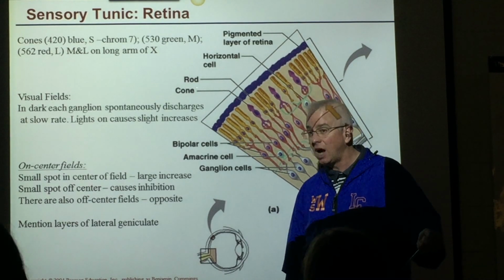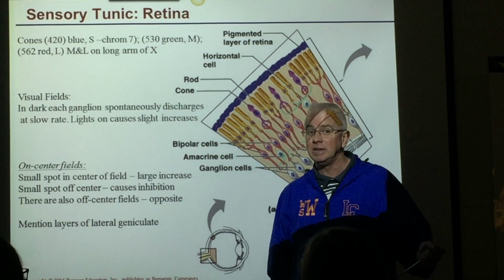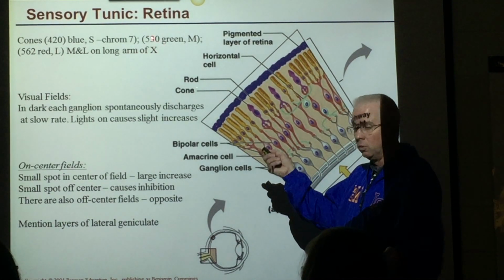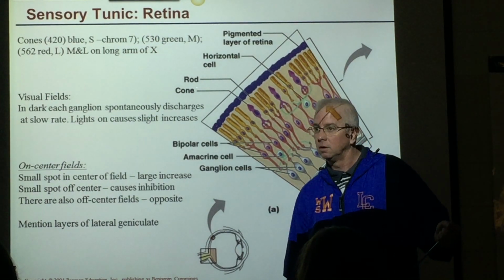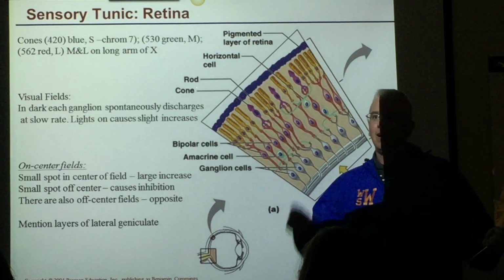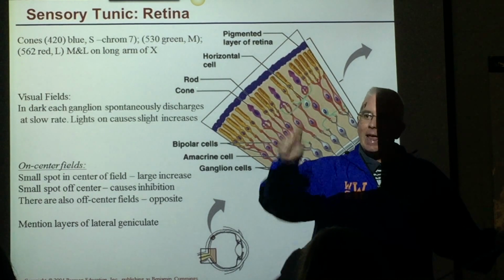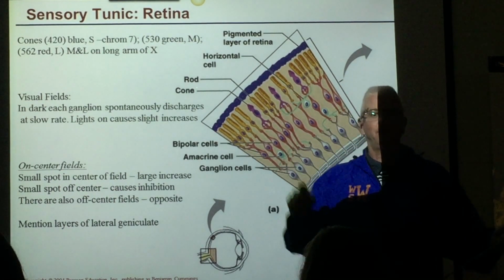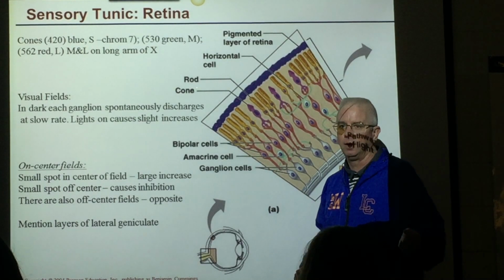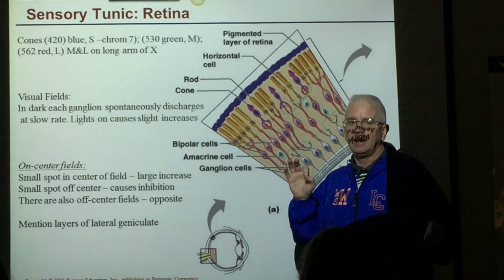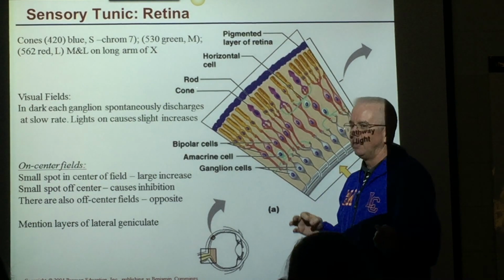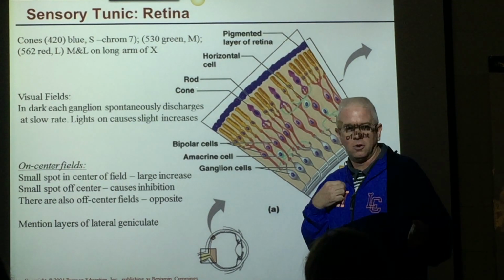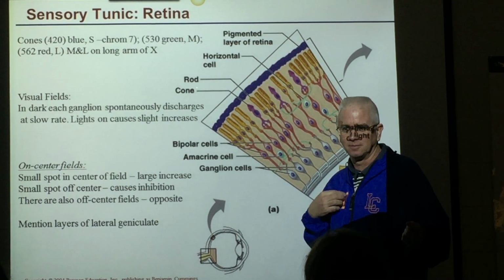In fact, the most common color blindness is green, a problem with the medium cones. That's the most common in the population. If I told you that 8% of males and less than 0.5% of the female population has this problem, does it help you to know that the M's and the L's are on the long arm of the X chromosome?